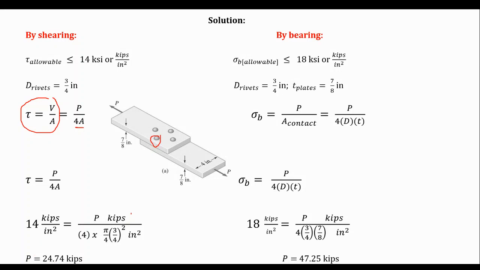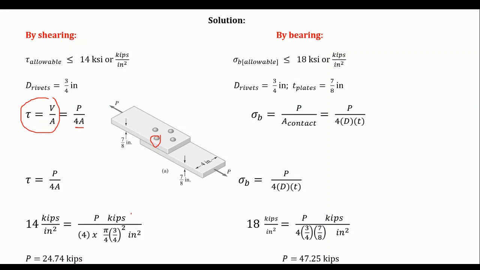So that is for shearing. So the bolt says: that's all I can take, 24.74 kips. Otherwise, I will break, or I will be sliced.